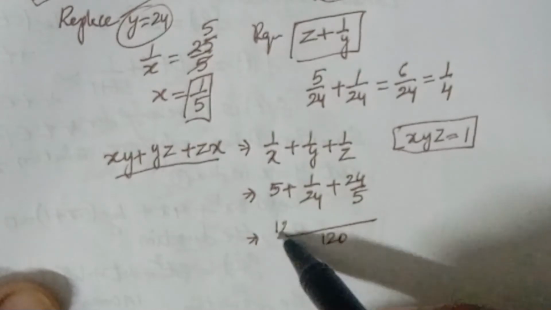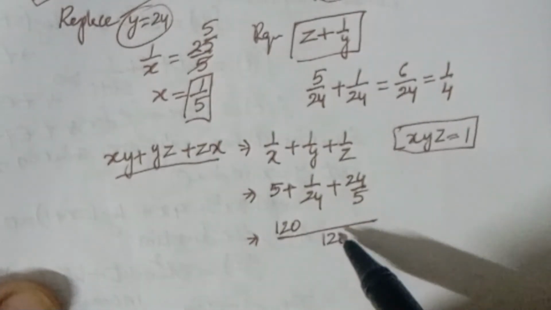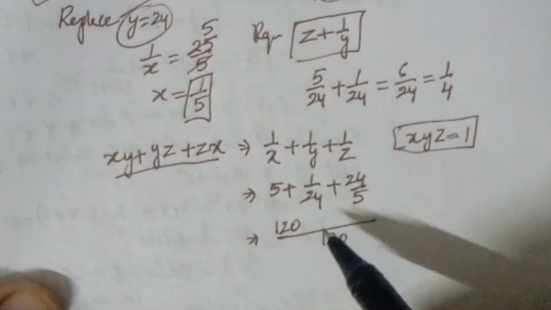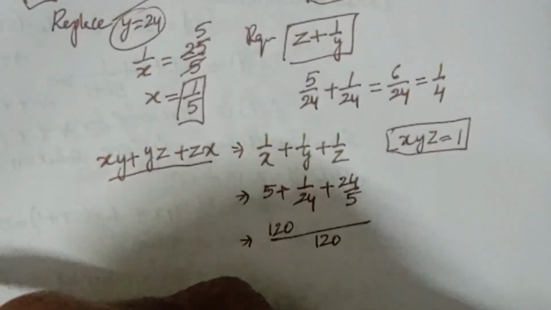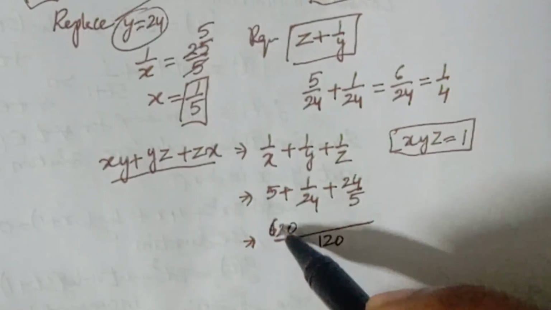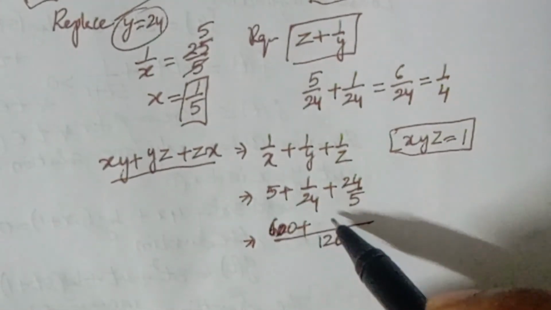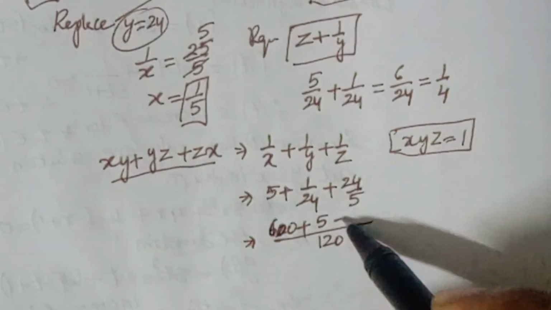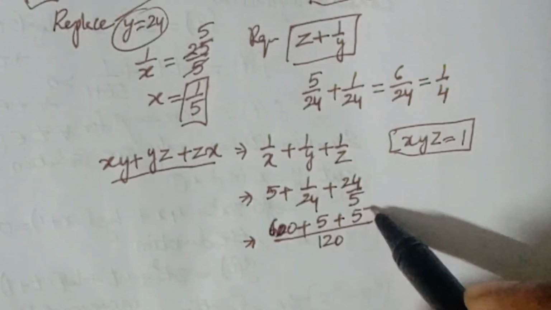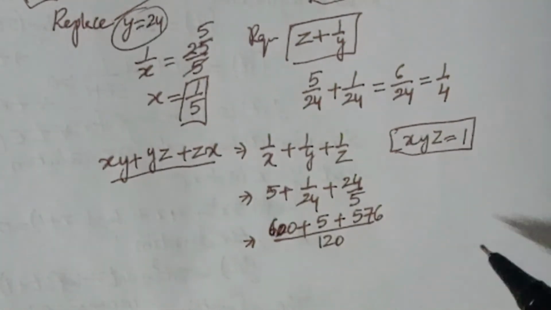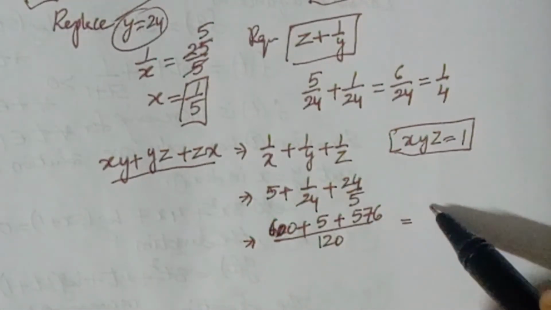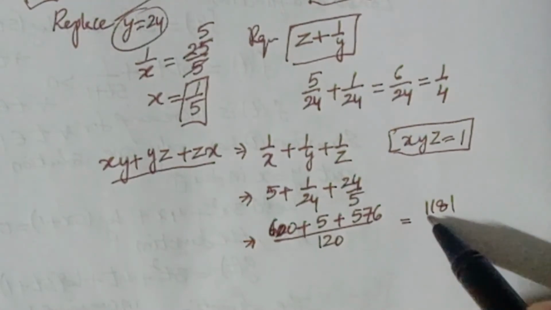So 120 into 5 gives 600, plus 5, plus 576. So you'll get 1181 by 120.